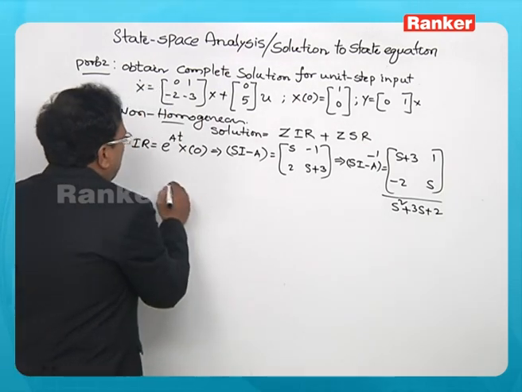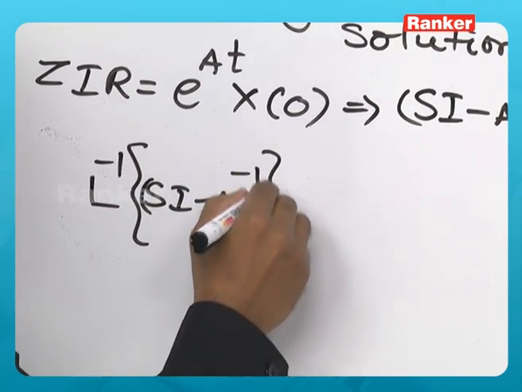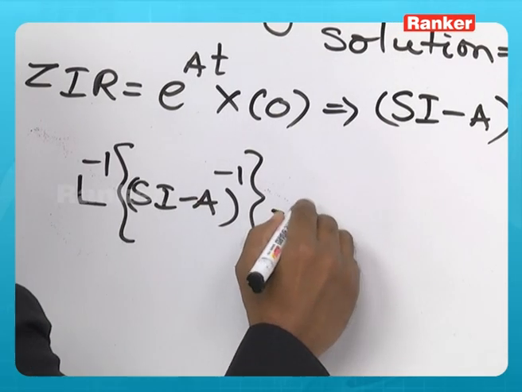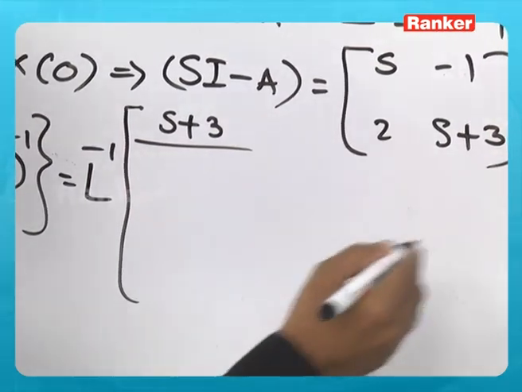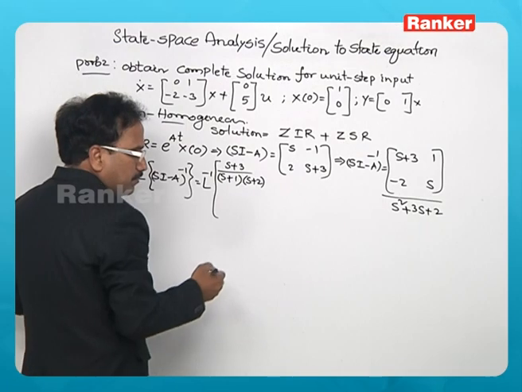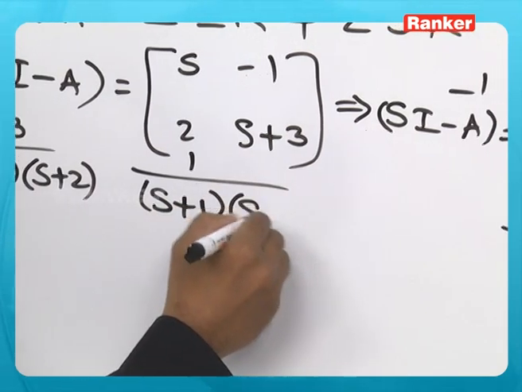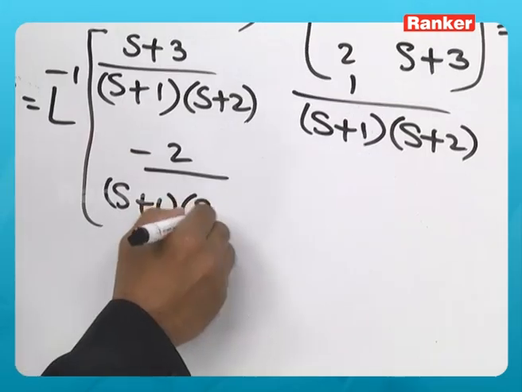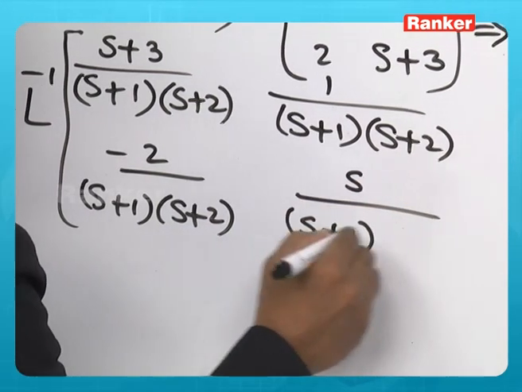Now, the Laplace inverse of sI minus A inverse is required for this zero initial response, and this is equal to Laplace inverse of s plus 3 by (s plus 1) into (s plus 2) as the first part of the 2 by 2 matrix, and the second part is 1 by (s plus 1) into (s plus 2), the denominator is the same for all, minus 2 by (s plus 1) into (s plus 2), and the last one is s by (s plus 1) into (s plus 2).